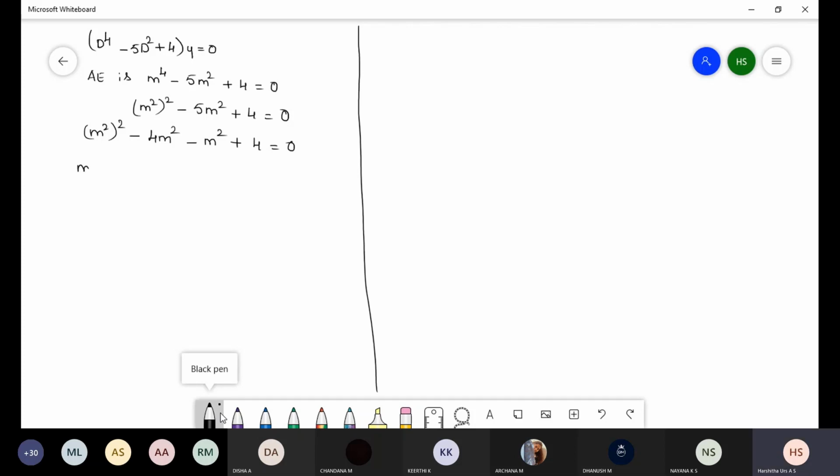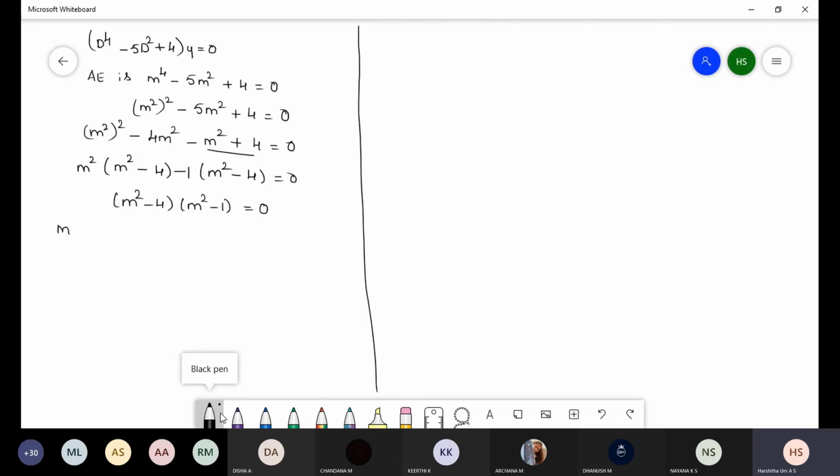Here I take m square as a common. So again m square minus 4. Here from these two I take minus 1 as a common. So I get m square minus 4, when you multiply minus into minus, plus 4. So here we get m square minus 4 into m square minus 1 is equal to 0.